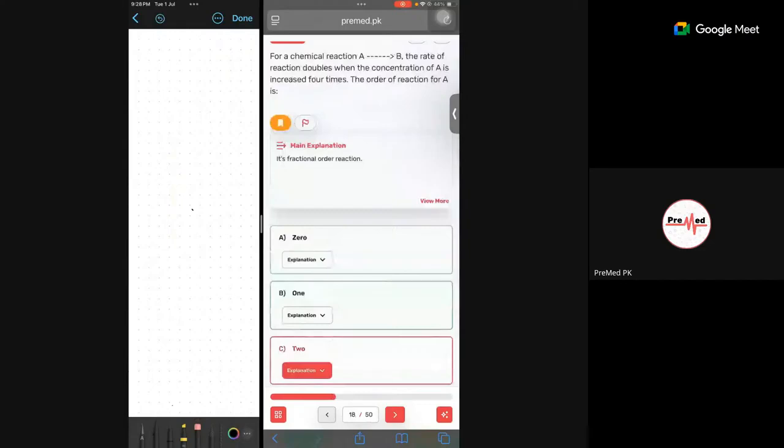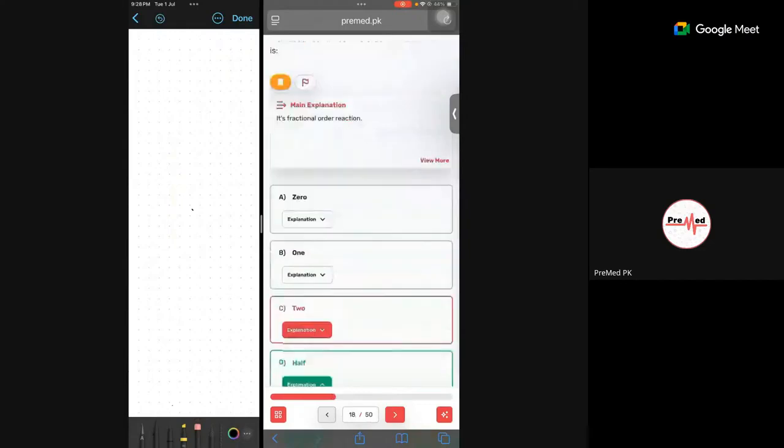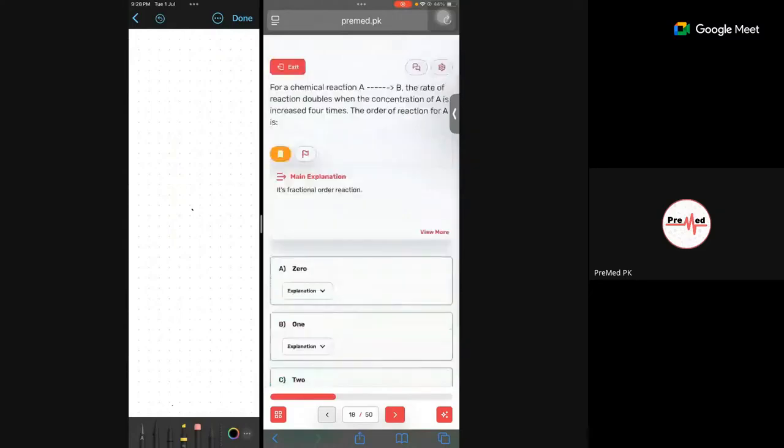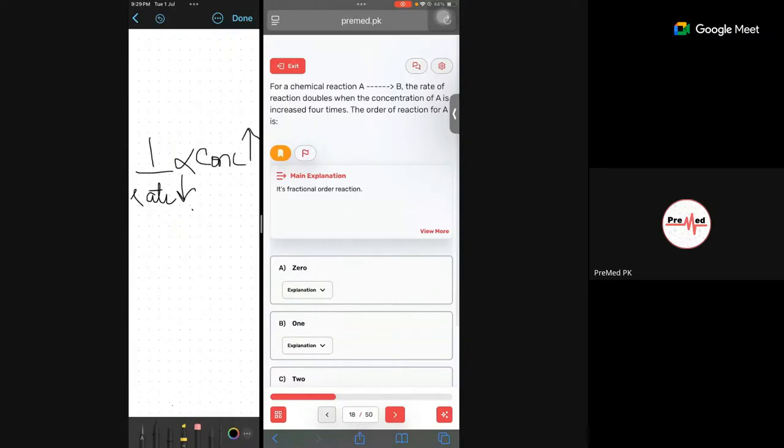And we will be discussing the next MCQ, which is a chemical reaction A to B. The rate of reaction doubles when the concentration of A is 4 times. Order of reaction? It means that the rate is increasing less than the concentration. The rate is doubled and the concentration is 4 times.